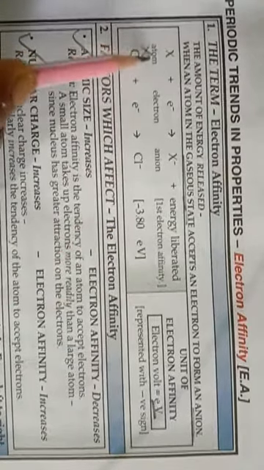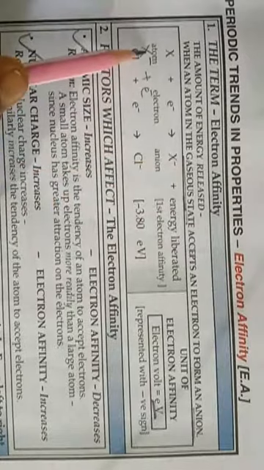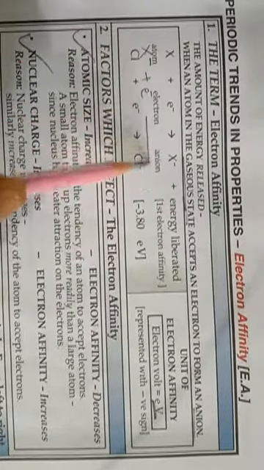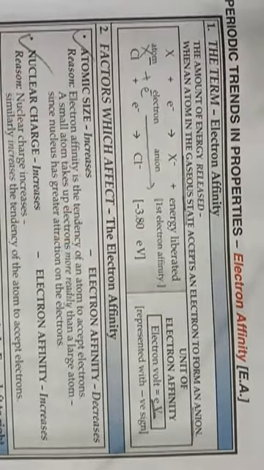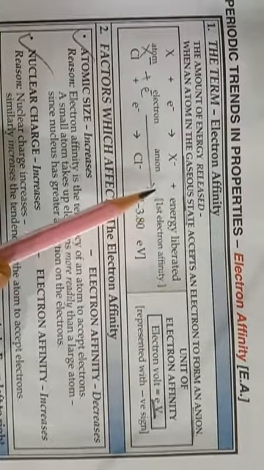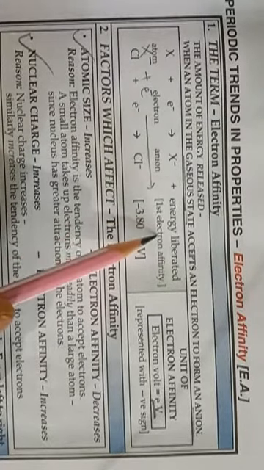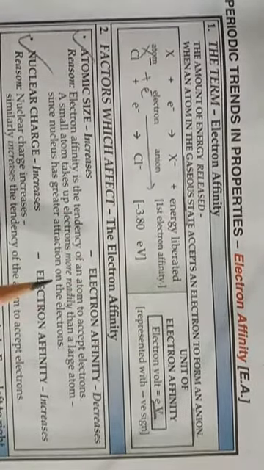And then after this, when an electron is given to any negatively charged unit, the energy liberated will be known as second electron affinity. Okay children, so on the basis of the number of electrons given to the atom, electron affinity can be first, second, and third electron affinity.